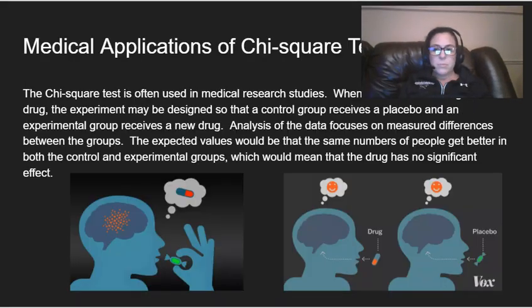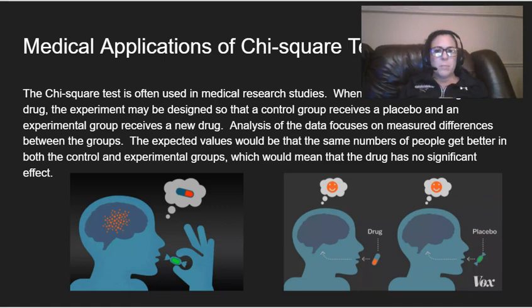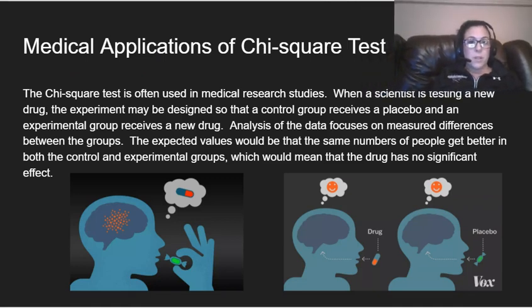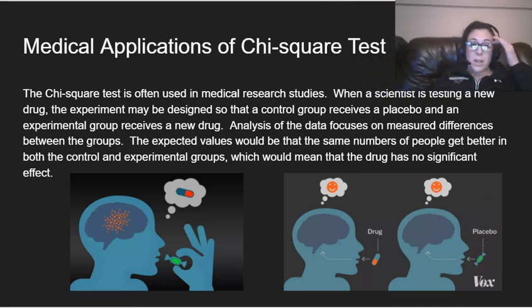So a quick reason on why we do chi-square analysis. In biology, many times when there's drug analyses happening, they will do chi-square analysis to see whether or not that drug has an effect or it doesn't. If that drug does have an effect, they're going to always compare that to some type of treatment that will have no effect whatsoever.